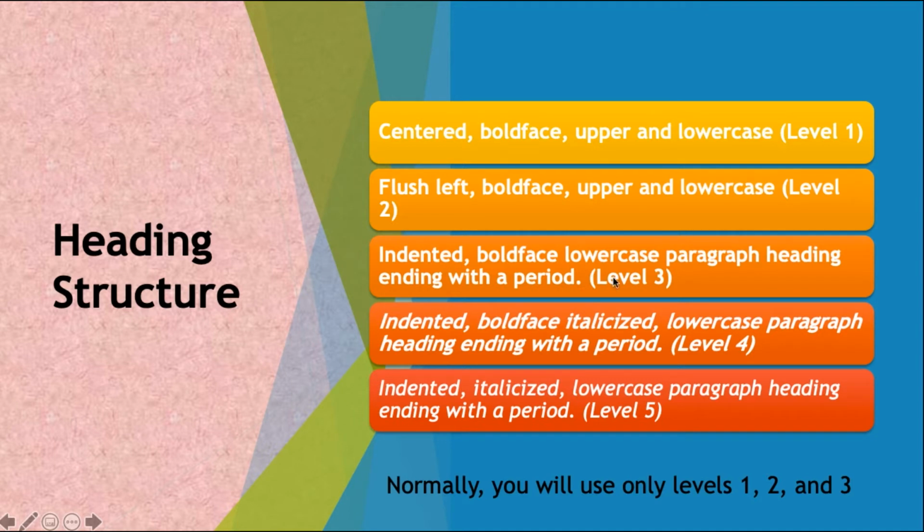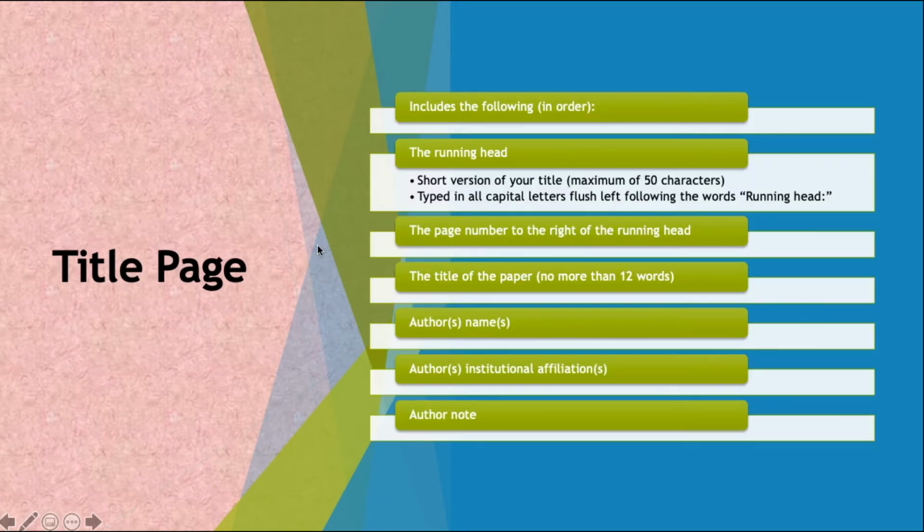Indented, boldface, lowercase paragraph heading ending with a period is level 3. And we also have indented, boldface, italicized, lowercase paragraph heading ending with a period as level 4, and indented, italicized, lowercase paragraph heading ending with a period as level 5. But normally we use only levels 1, 2, and 3 in most reports.